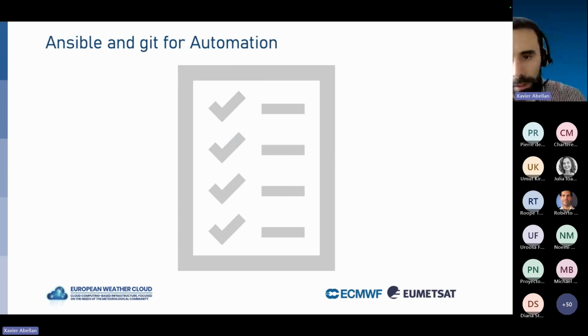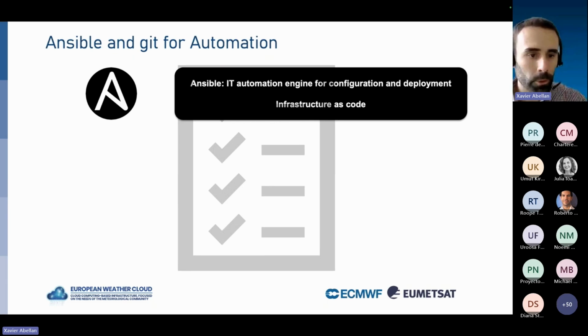For the automation part, we are going to use Ansible. For those of you not familiar with Ansible, this is a very common tool in the IT world for automating processes, configuration, and deployment of applications in cloud environments. It's basically following the principles of infrastructure as code.